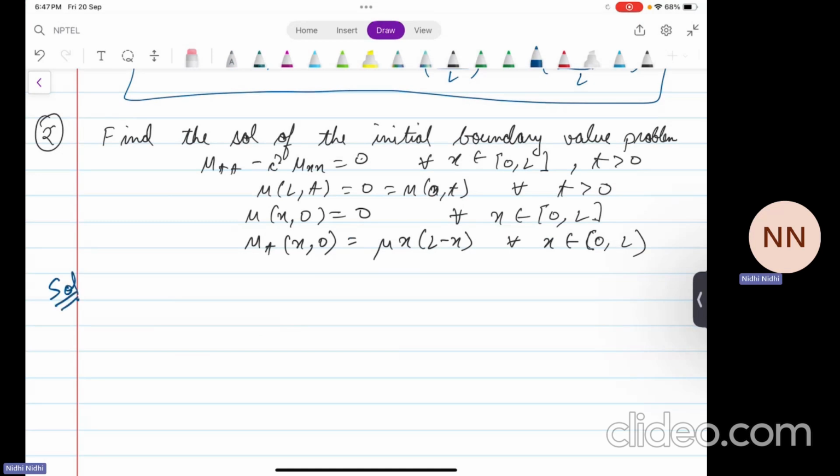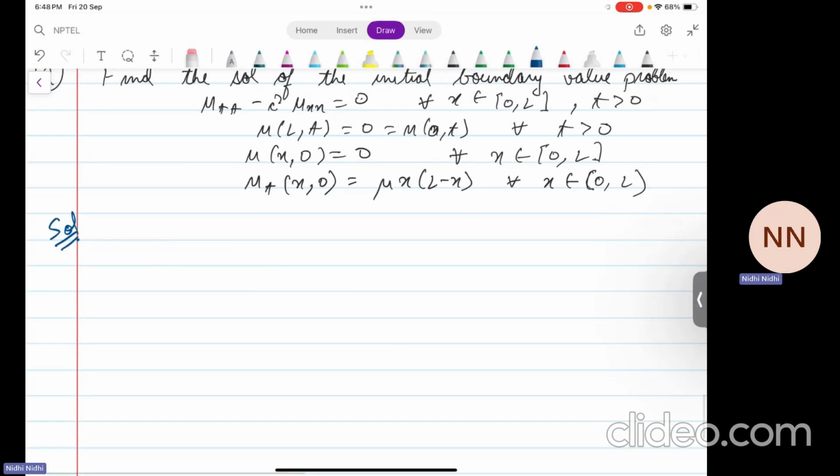Let's solve it. I hope after taking u(x,t) equal to X(x)T(t), you must have got the initial conditions as X(0) is equal to 0 is equal to X(L).